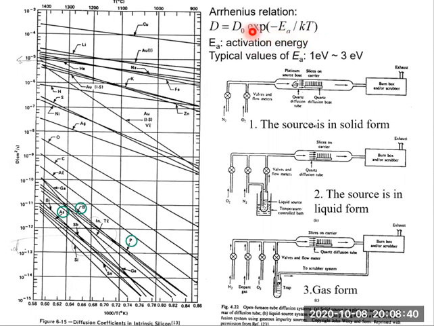It's a fairly famous relation. EA is called activation energy, typically between 1 eV and 3 eV. What is kT? kT is called thermal energy, the thermal energy of the ions, atoms or molecules.